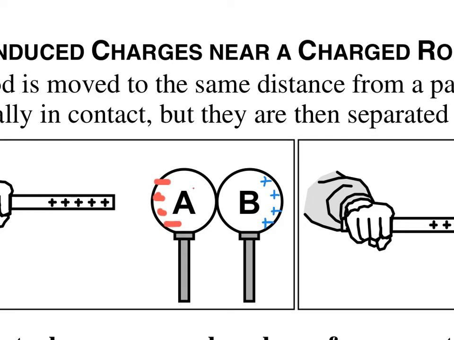So there's going to be fewer negatives on the left-hand side of A than on the right-hand side of A. And that means that the left-hand side of B will be kind of positive, and the right-hand side of A would be kind of negative.